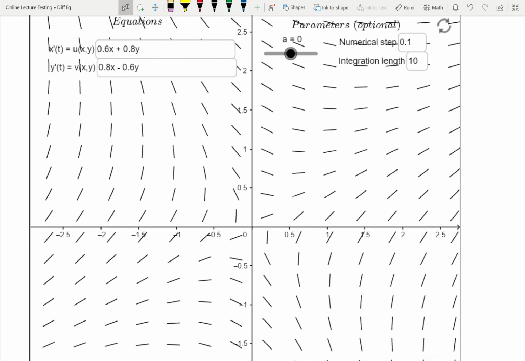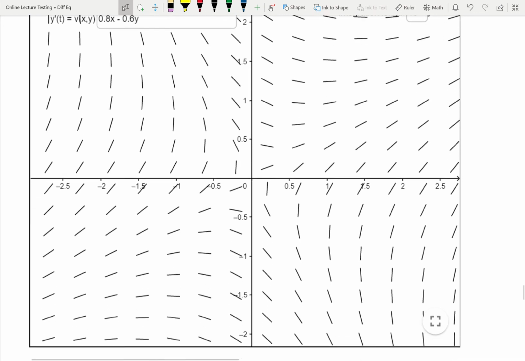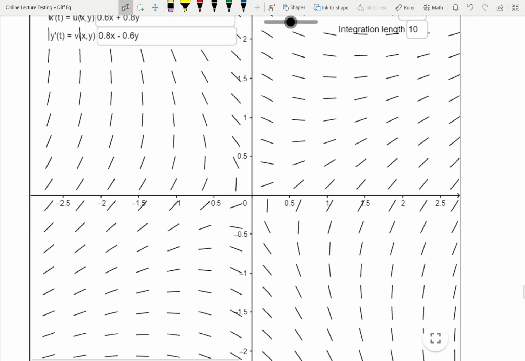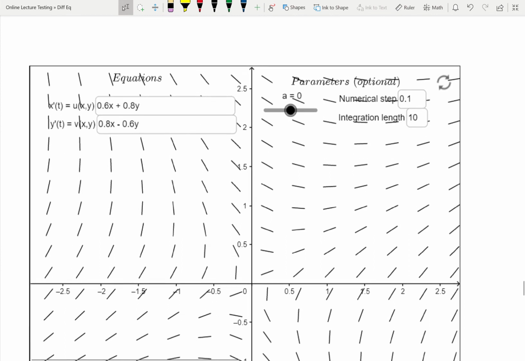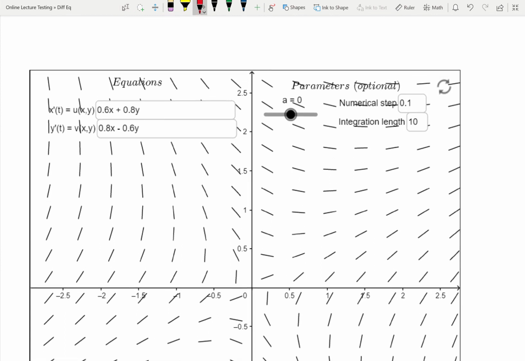This is what a filled in 2 by 2 grid would look like if we started graphing all these points. Now the only thing is, notice here with the numerical step and integration length, this is dealing with the actual solutions, so you don't worry about the parameters. It's the equations that you want to look at.